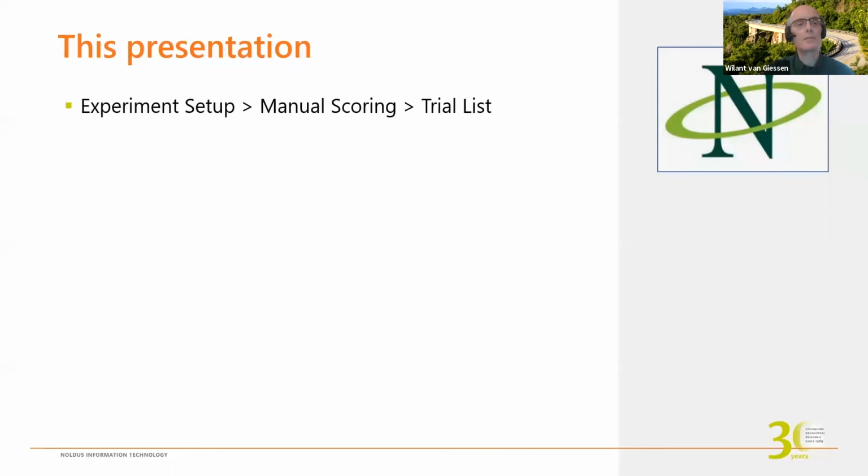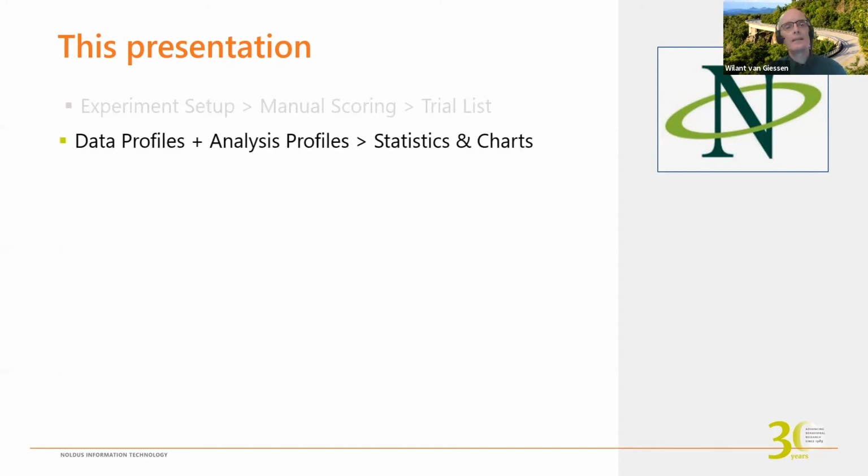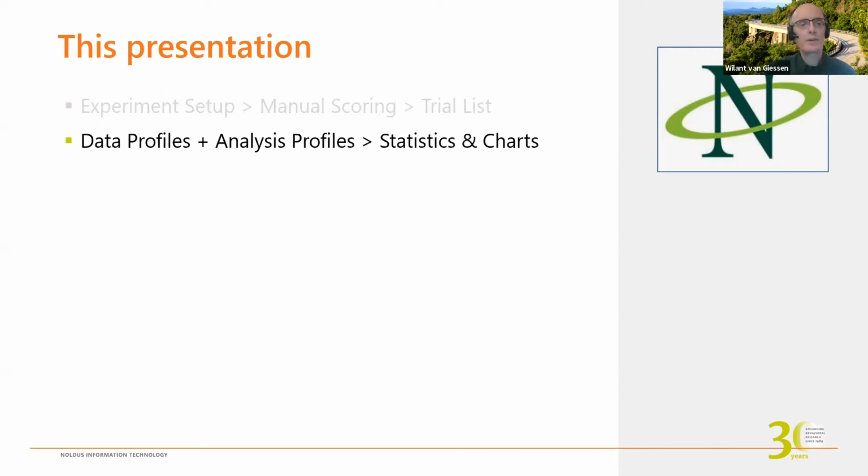What are we going to be talking about today? Before we get into all kinds of analysis features, we need to make a couple of stops along experiment setup. Let's focus on a few things like manual scoring, a little bit underused, I think, and the all-important trial list. Then we dive right into all those profiles. What are data profiles, analysis profiles, and especially what can you do with the combination of the two to obtain your statistics and charts.